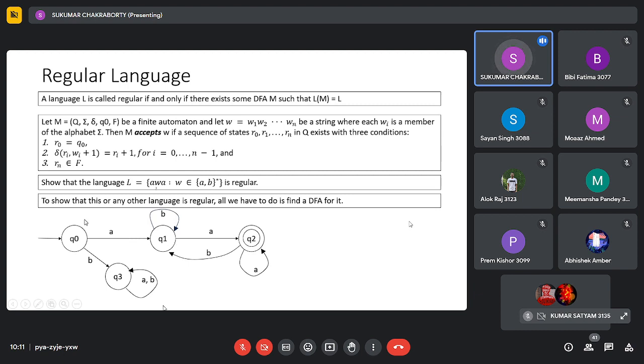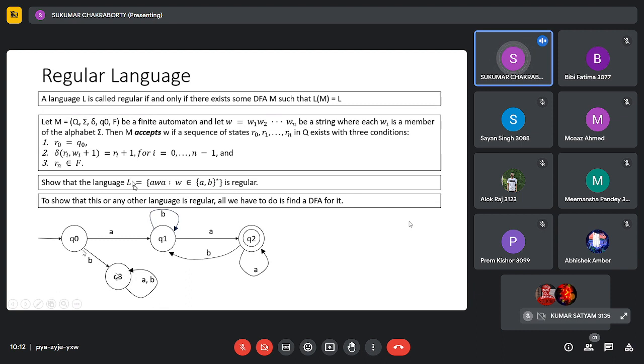You should be able to design a machine, and this is the machine which contains three states: Q naught, Q1, and Q2, and it takes A and A, and in between W is like this: B star and A star here. But if the input starts with B, then definitely it is not accepted. So this Q3 here, you cannot come out.